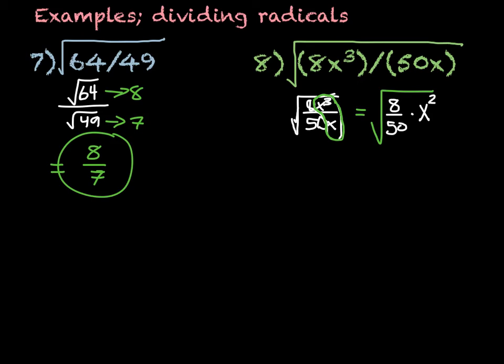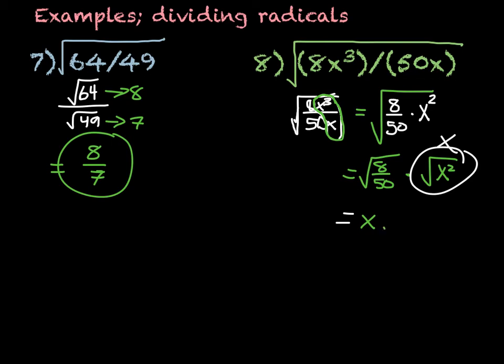So now if I split this part up, I have the square root of 8 over 50 times the square root of x squared. Well, the square root of x squared is just x. So I have x times the square root of 8 over 50.